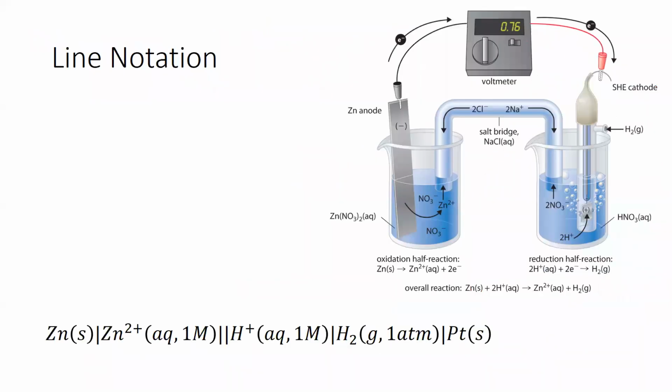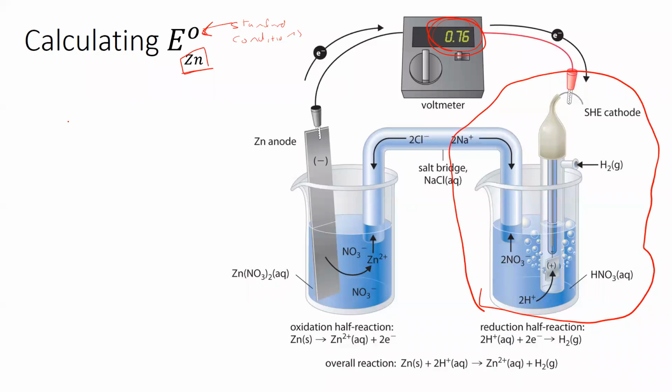So with that in mind, if we look at calculating the E naught of a cell, that's going to be the standard reduction potential, so E naught at the cathode minus E naught at the anode. Remember, the cathode is where reduction takes place, and at the anode is where oxidation takes place.